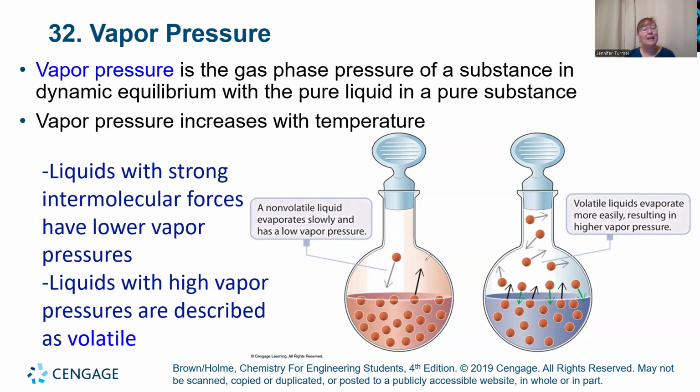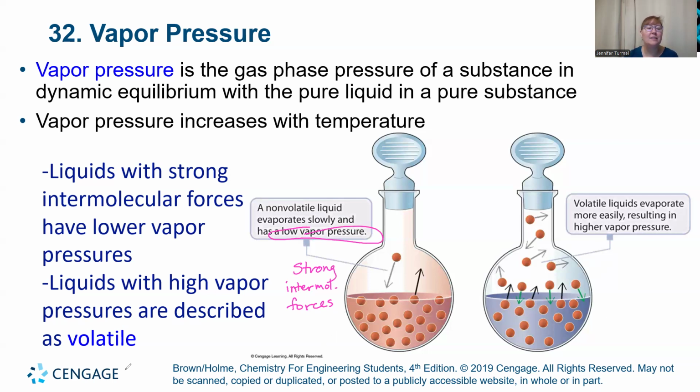And liquids with high vapor pressures are described as volatile and they have weaker intermolecular forces. So this is a very low vapor pressure. So it's going to have strong intermolecular forces and a low vapor pressure.